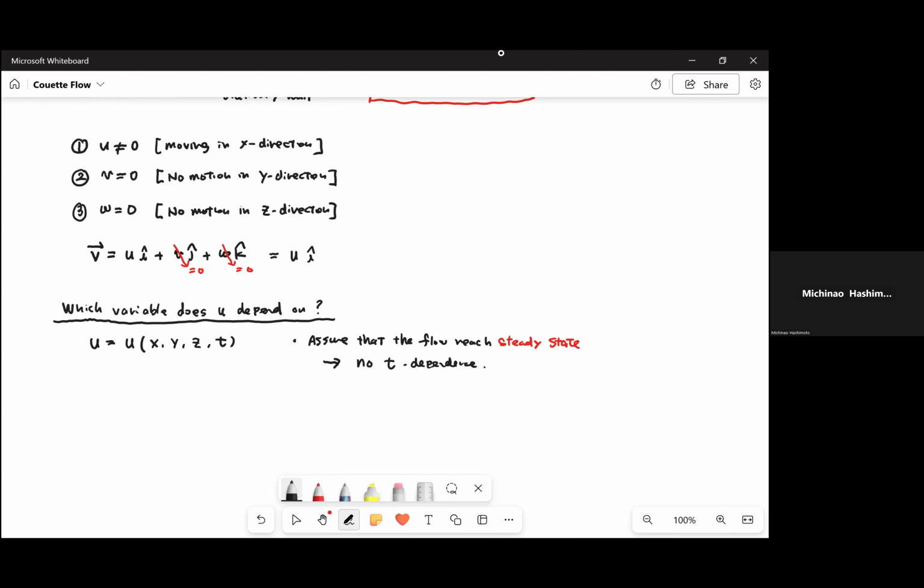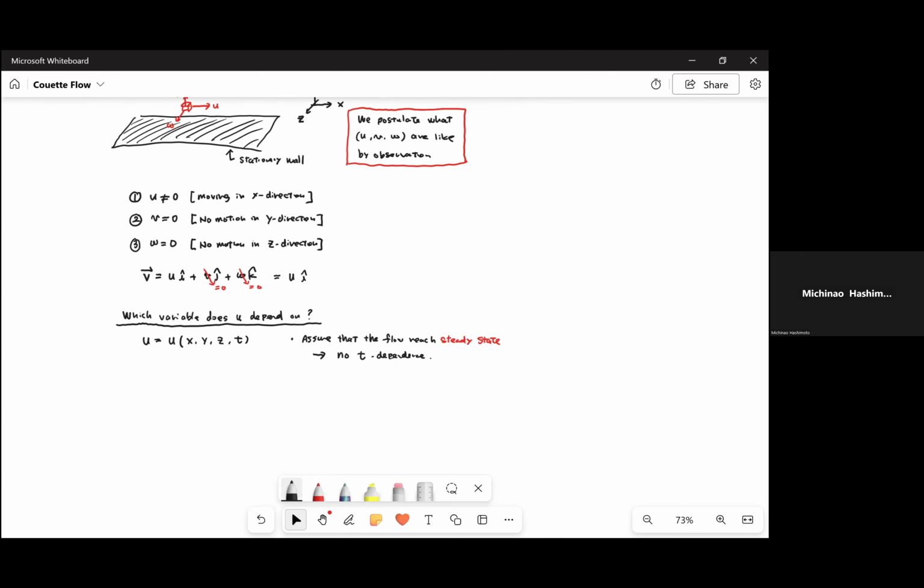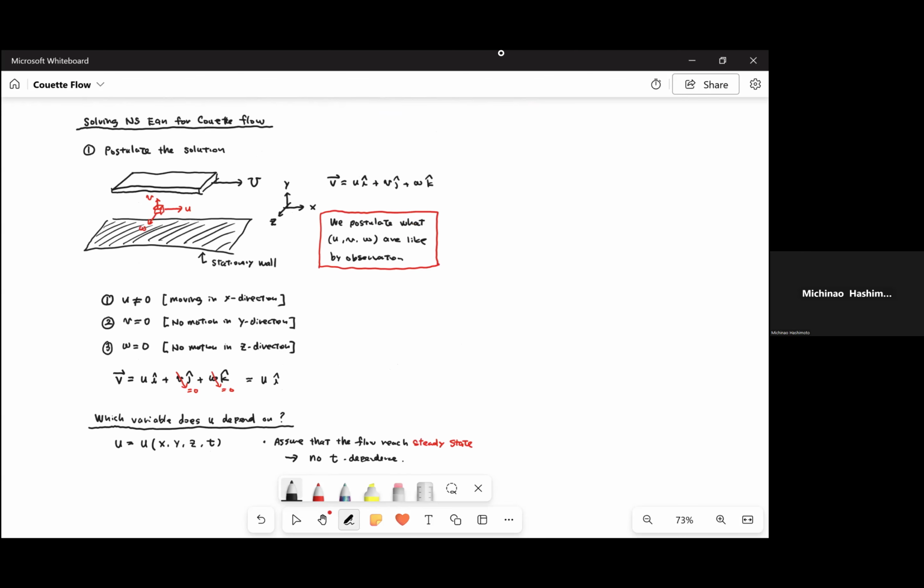The second thing, take a look at this particular drawing. Does u depend on where the particle is located along the x-axis?